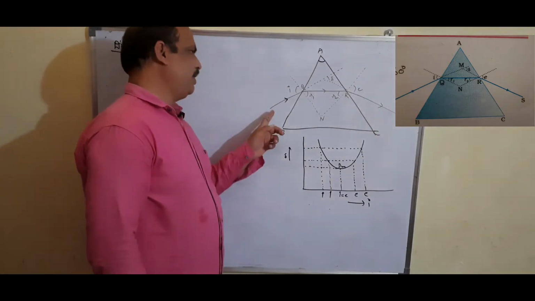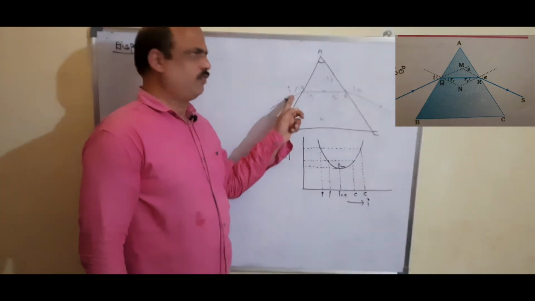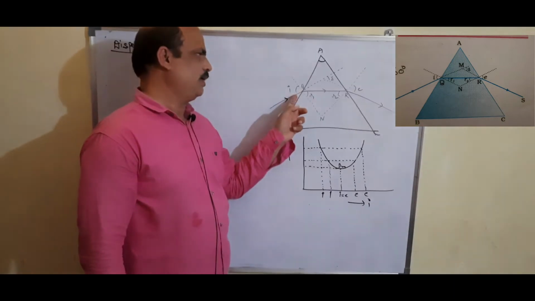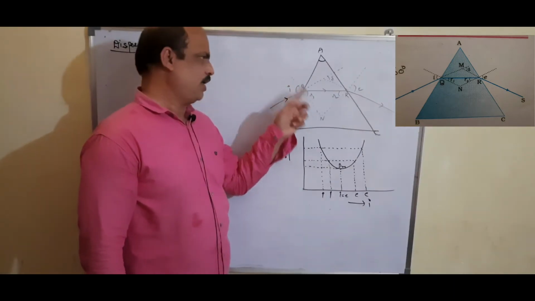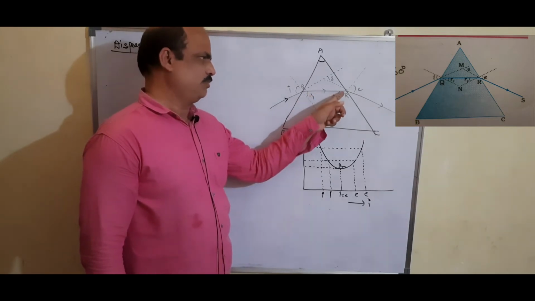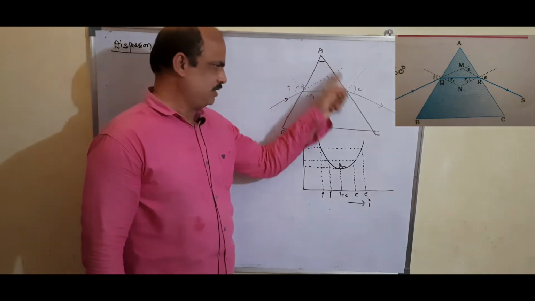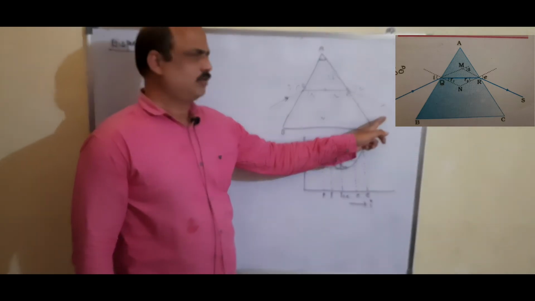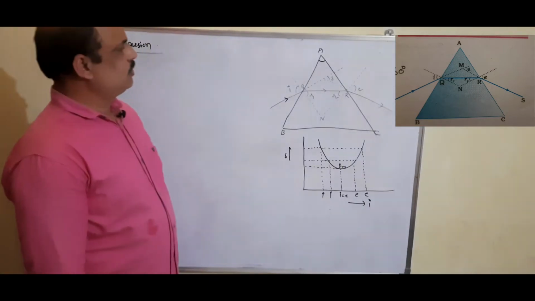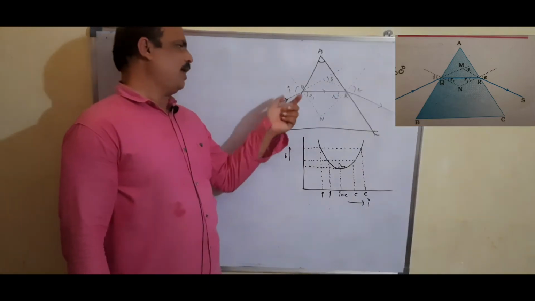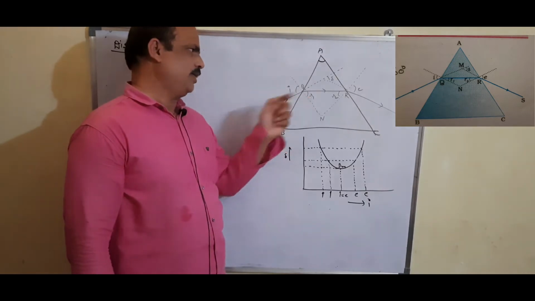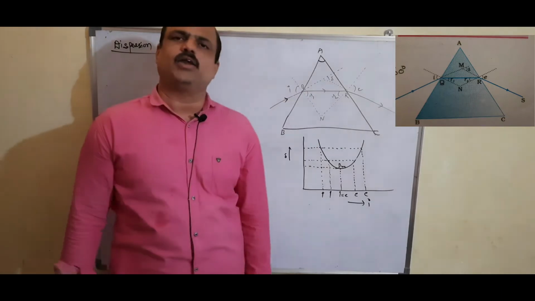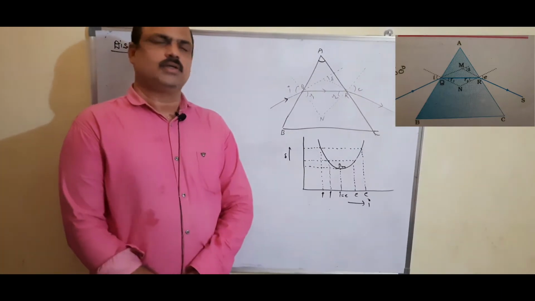Whenever a light ray strikes the first refracting surface at an angle I, the light ray undergoes refraction and travels into the prism, and it strikes the second refracting surface at an angle R2 and emerges out with an angle E. This is the angle of refraction at the first refracting surface, and this is the angle of deviation.